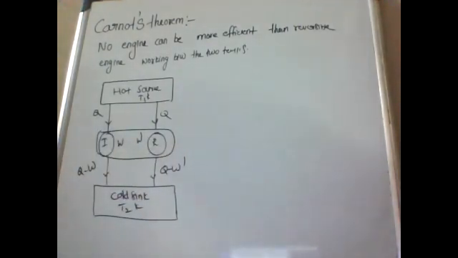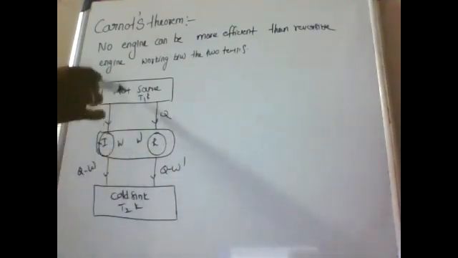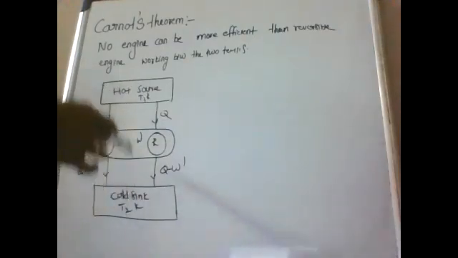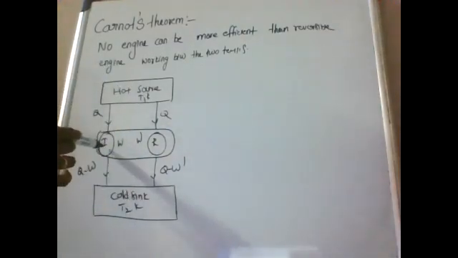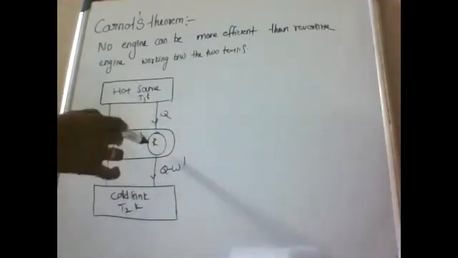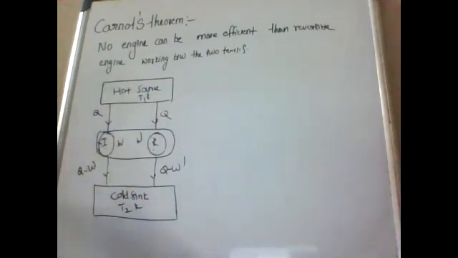Here we have to consider a reversible engine R and an irreversible engine I working with the same source and sink. The irreversible engine and reversible engine both are working between the same source and same temperatures. So for irreversible we have a source and sink, and for reversible this is the source and sink.